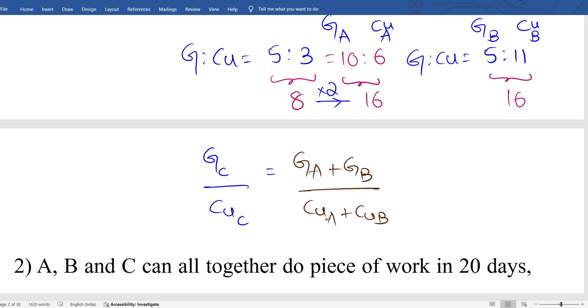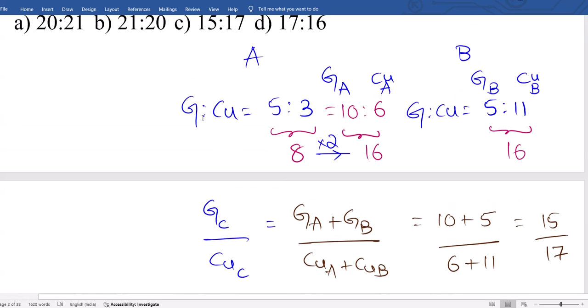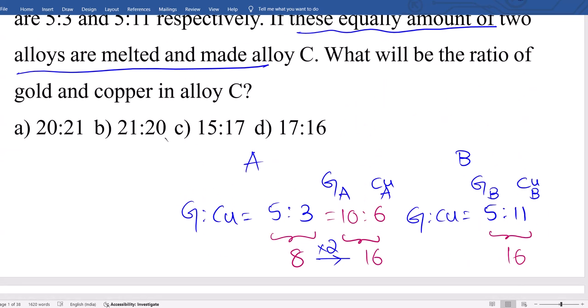Boys in the seminar hall are boys from CSC plus boys from EC. Girls in the seminar hall are girls from CSC plus girls from EC. That's what I am adding. Now, gold from A is 10, gold from B is 5. Copper from A is 6, copper from B is 11. So gold is 15 and copper is 17. The ratio is 15 to 17, so option C.